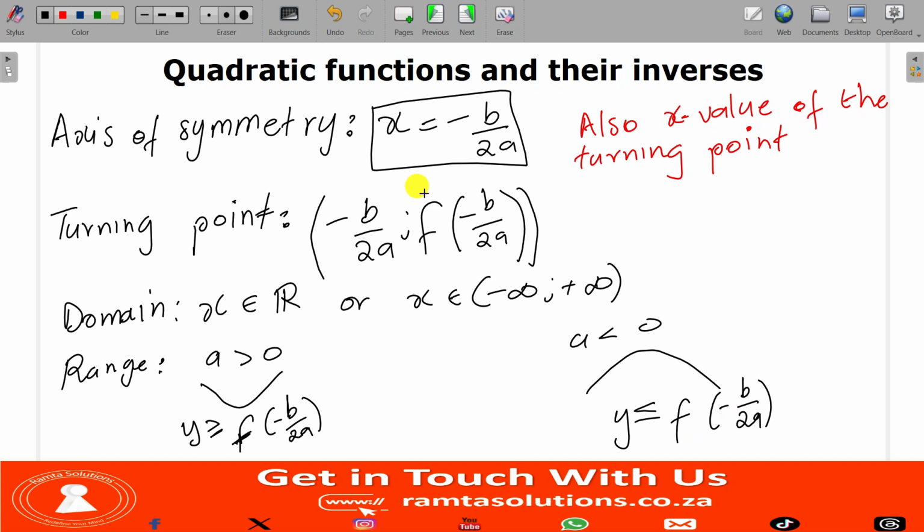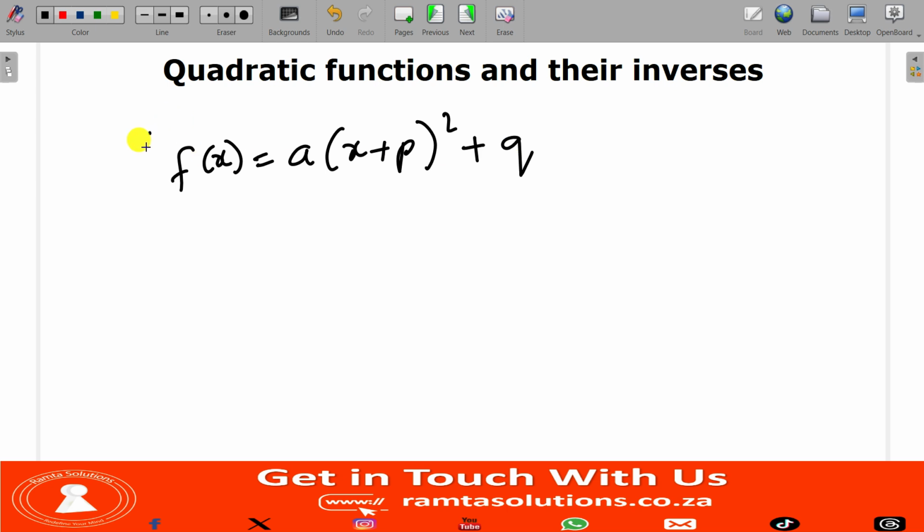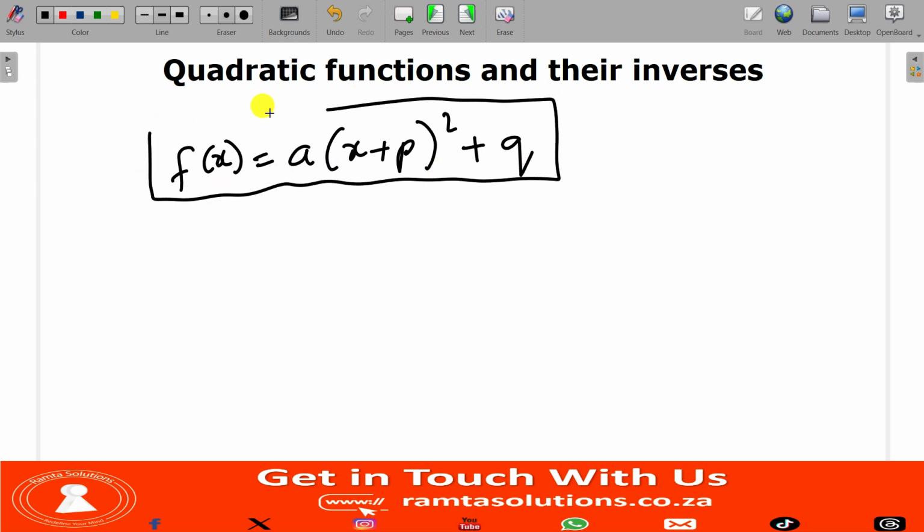Now let's look at your quadratic functions in the second form. It is f of x equals a open bracket x plus p close square, plus q.